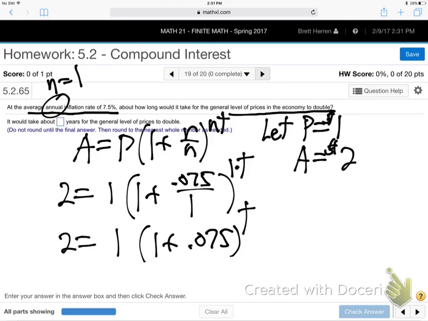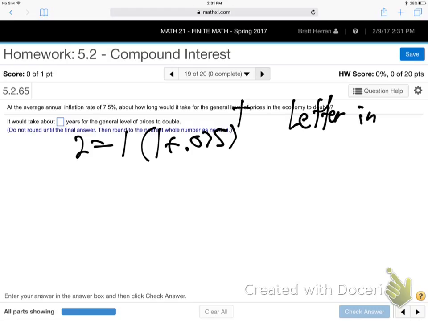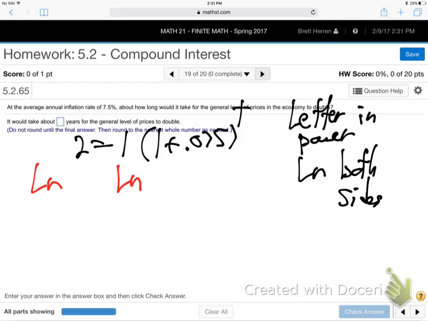Let me go to a new screen and try to memorize that. Okay, 2 equals 1 plus 0.075 to the T. Yeah, letter in power, you're totally right. Natural log both sides, that's right. So natural log this side, natural log that side.